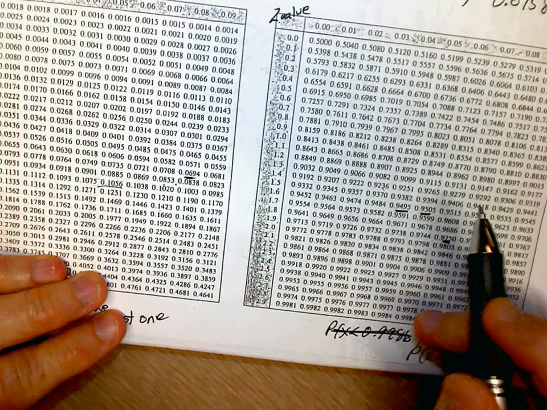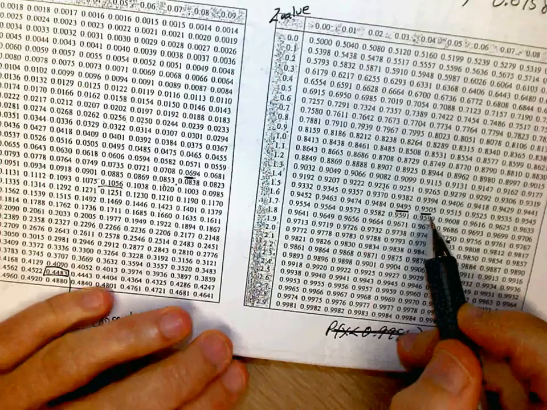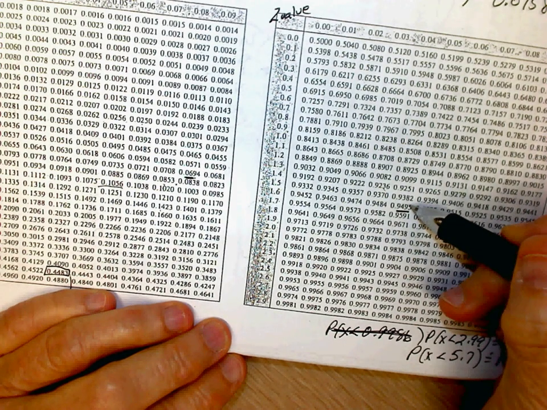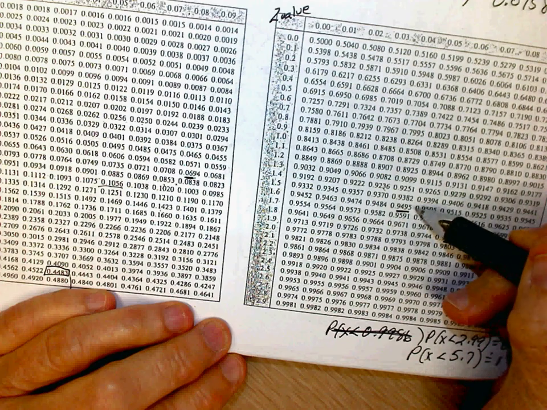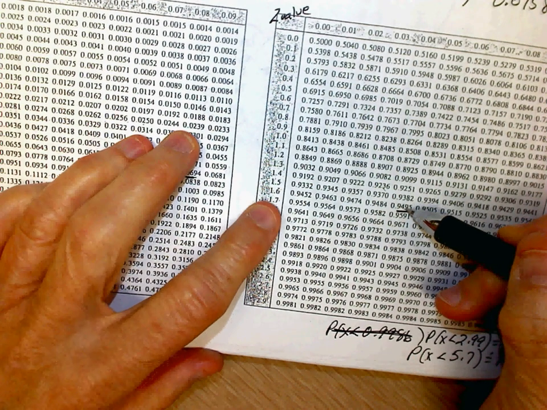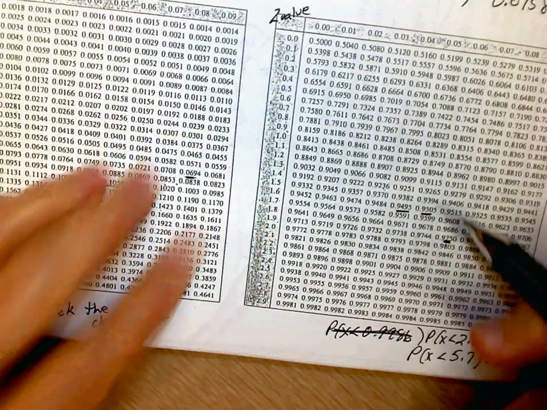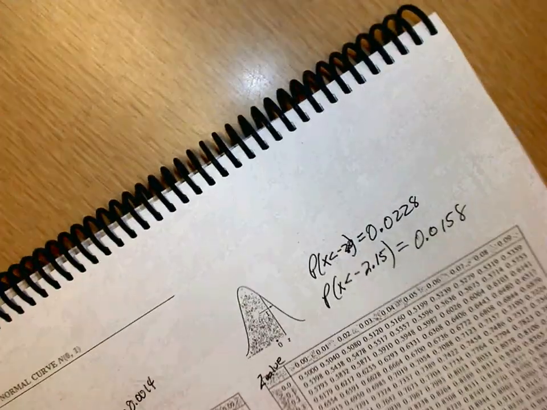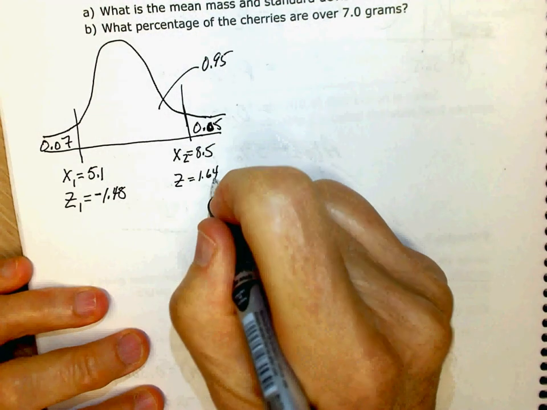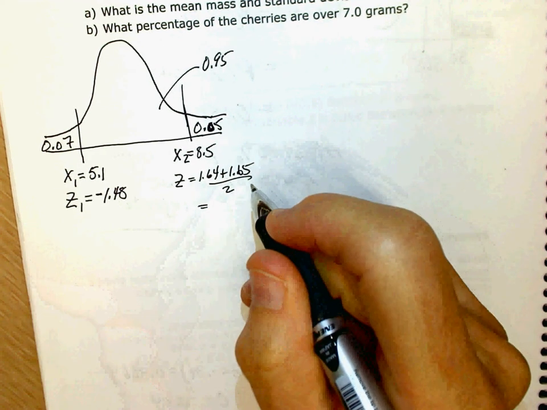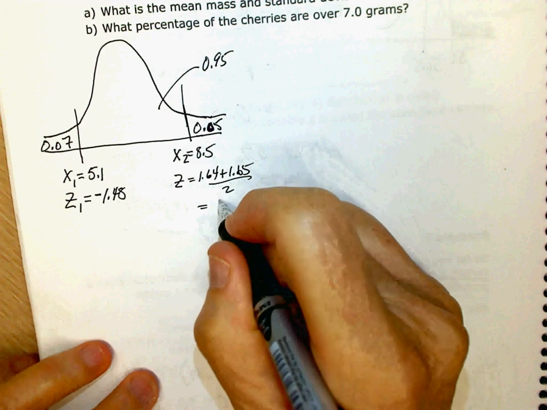So it's going to be the average between 1.64 and 1.65. Agreed? 1.64 plus 1.65 divided by 2 is equal to 1.645. Okay, so our Z2 is equal to that.